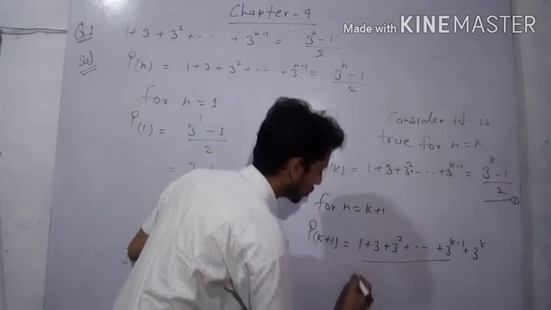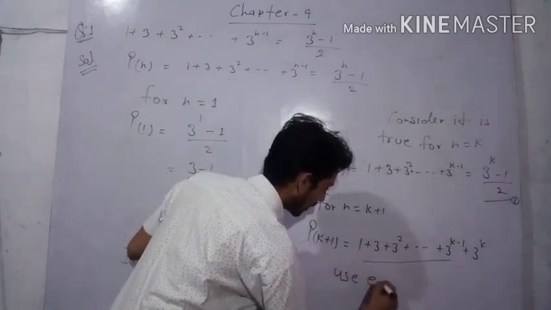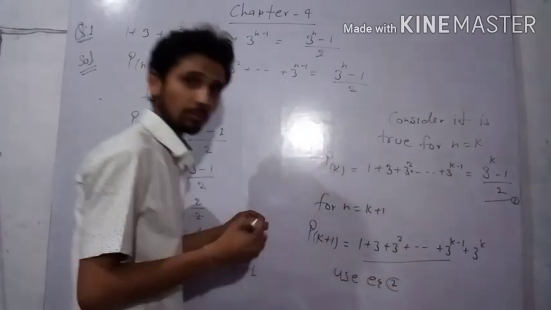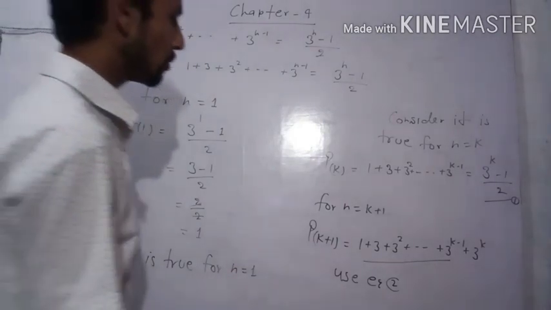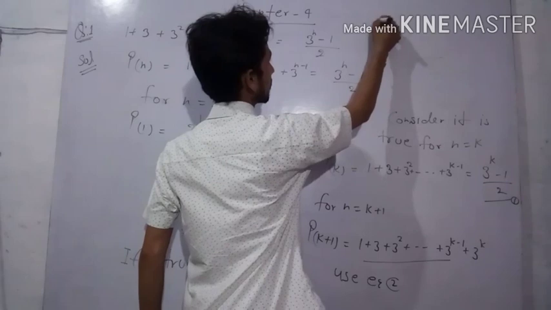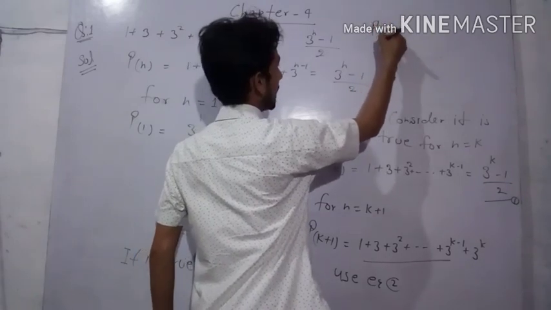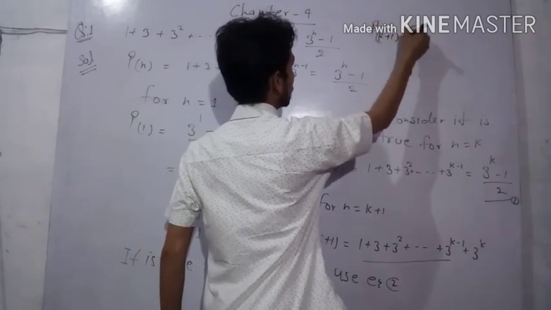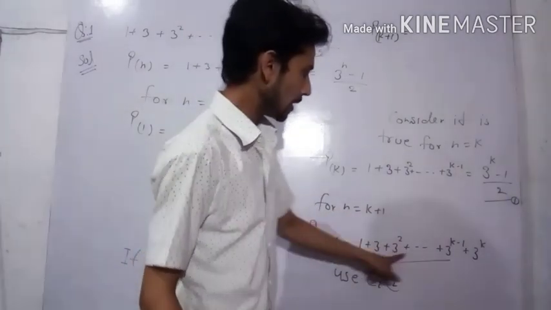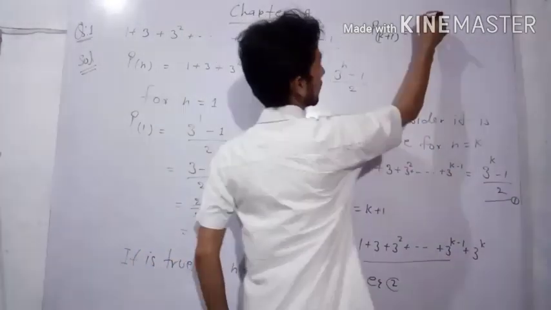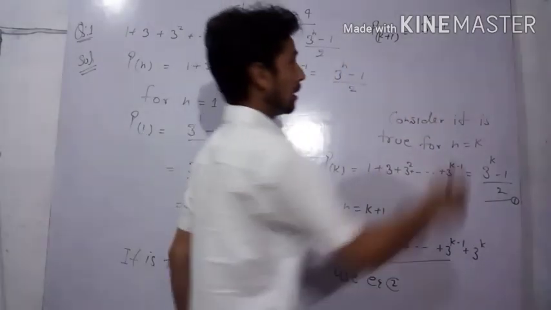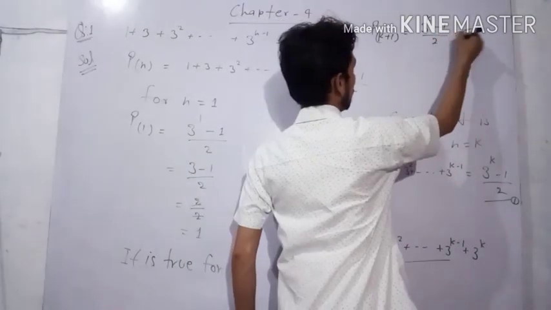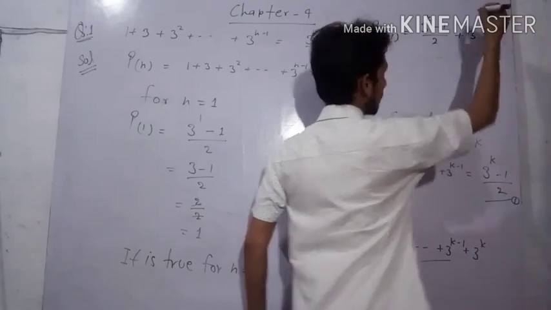Use equation 2. When we use equation 2, Pk plus 1 is equal to 3 exponent k minus 1 upon 2 plus 3 exponent k.